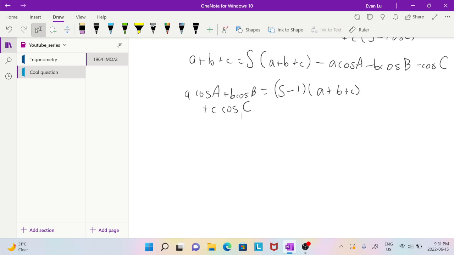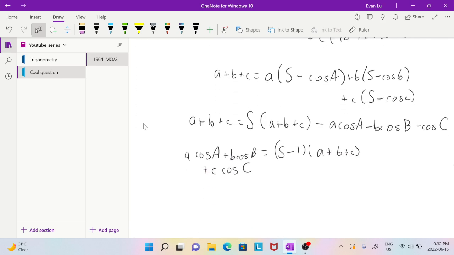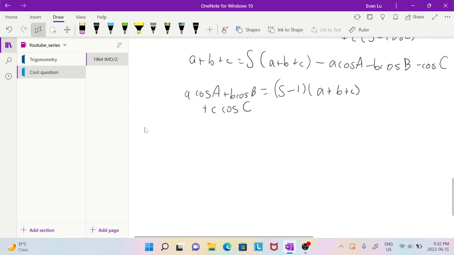And all right, so what we can do here, when we're looking at this, we want to prove that it's less than or equal to 3 halves. Now, just looking at it, one thing that we can notice is that, let's say without loss of generality, that C is greater than or equal to B is greater than or equal to A. So something we can notice is that the cosines actually go in the reverse order.